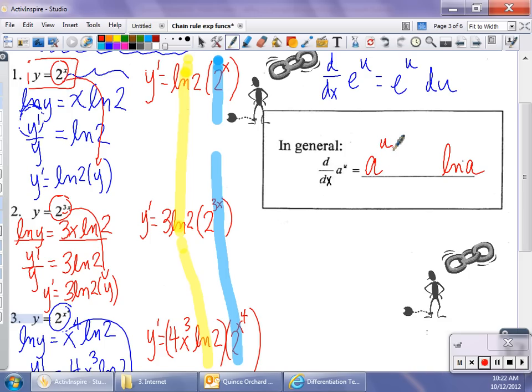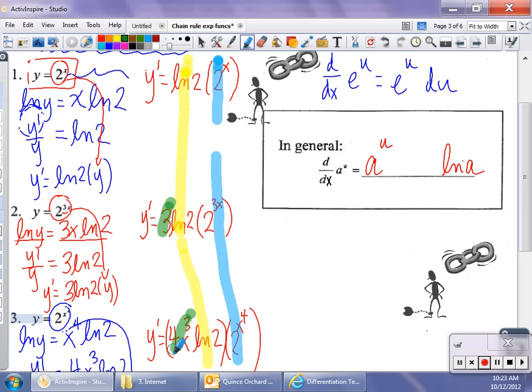And then the last thing that we can detect by looking at each pattern, let's change to a green. Notice the derivative of 3x is 3. There's the derivative of the power. Notice that in the last example, the derivative of x to the fourth is 4x cubed.